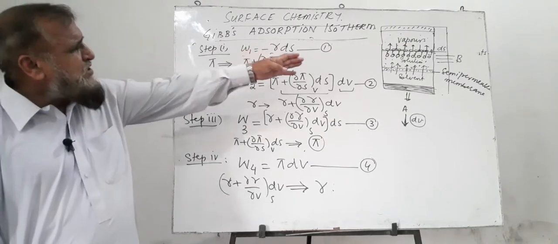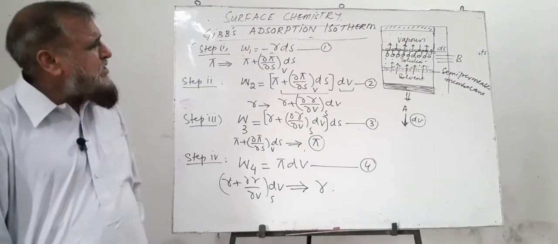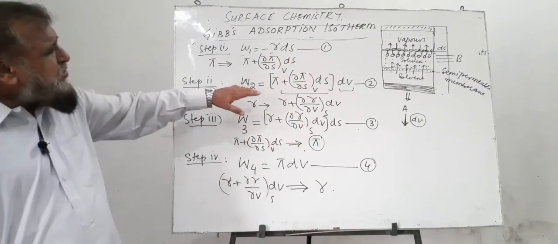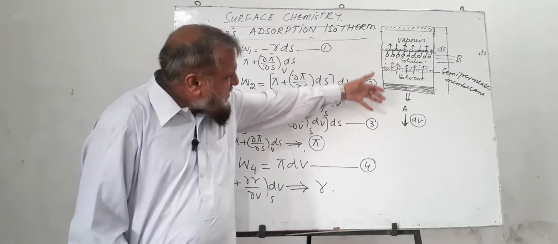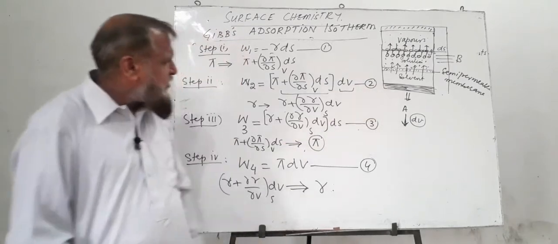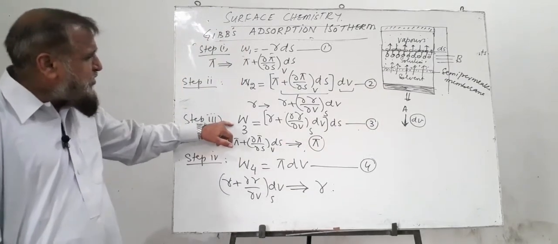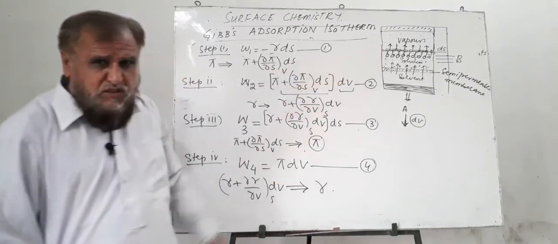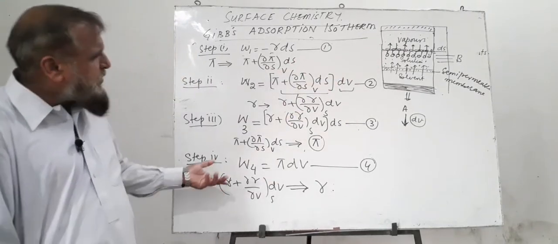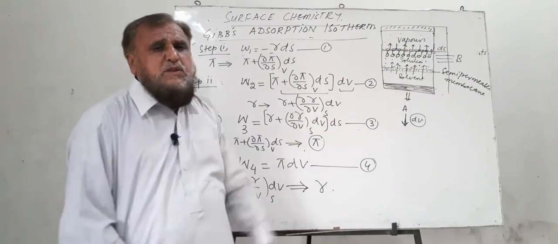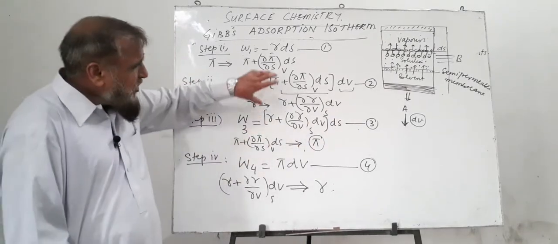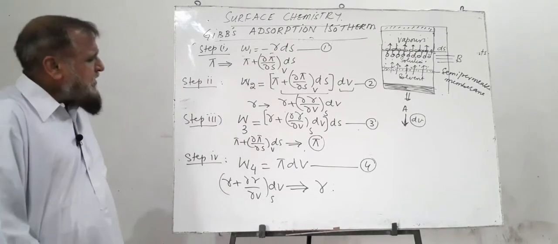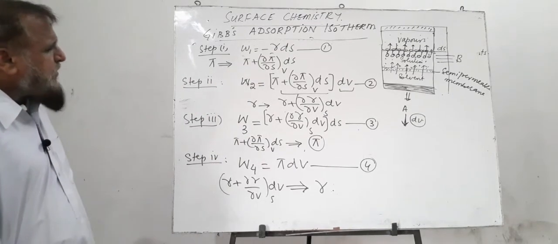W1 is due to expansion, movement of the piston in the outward direction. The work done W2 is due to movement of the piston in the downward direction against the force of osmotic pressure. W3 is the work done when the piston B is brought back to the original position, and W4 is the work done when the piston A is brought to the original position. Thus we have performed a cyclic process on the system and we have obtained 4 different types of work.